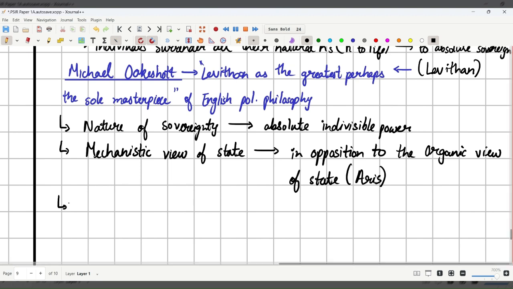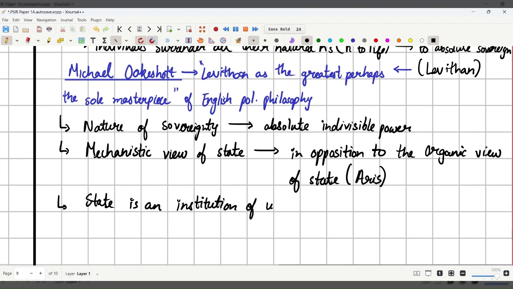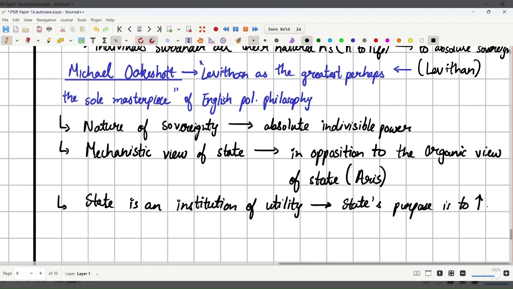Basically he views the state as an instrument, an institution of utility. Okay, which basically means that the state's purpose is to increase joy or pleasure and decrease pain.